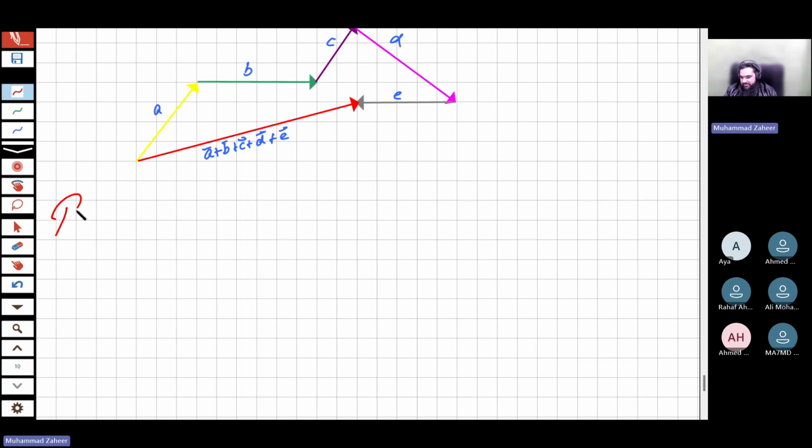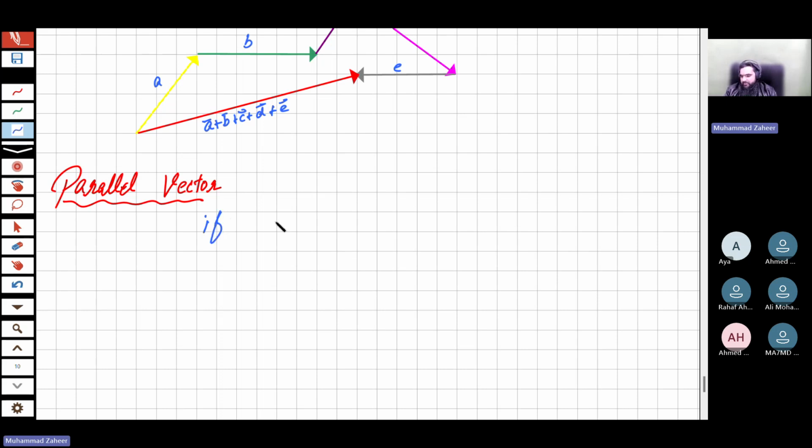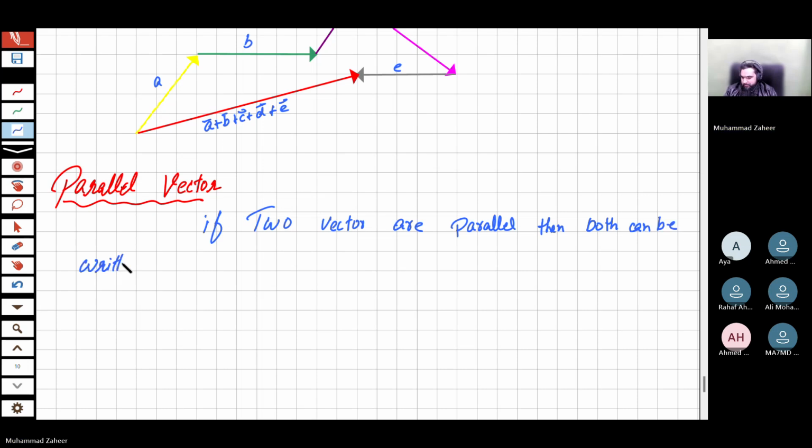The next thing we have is, if the examiner says that we have parallel vectors, meaning if you have two vectors and they are parallel, then both can be written as a multiple of each other.